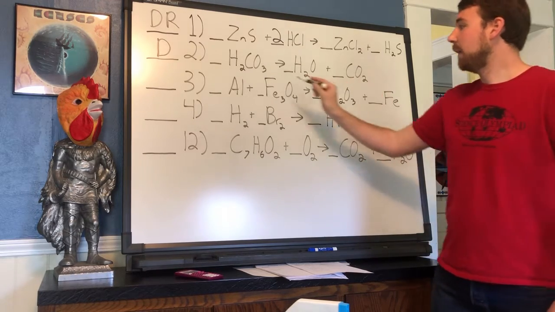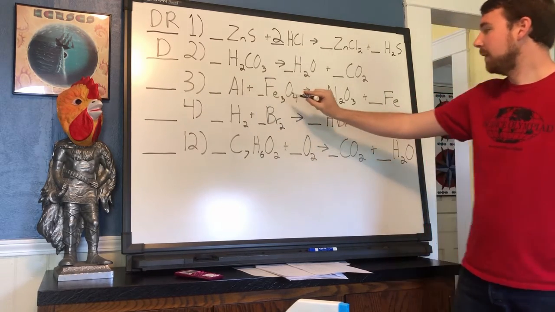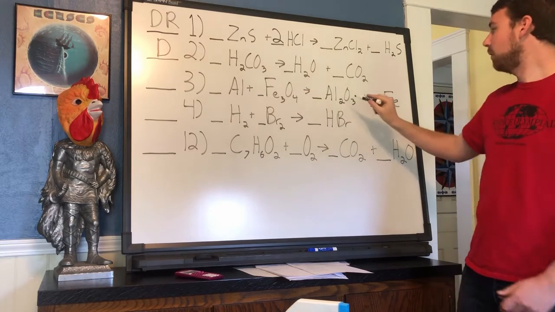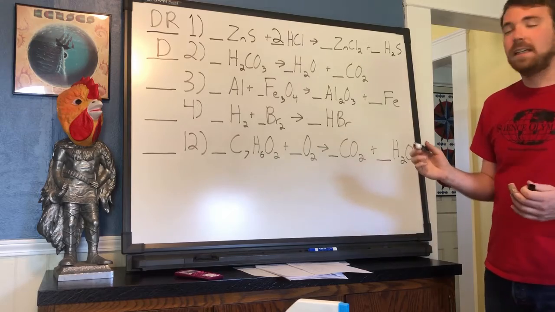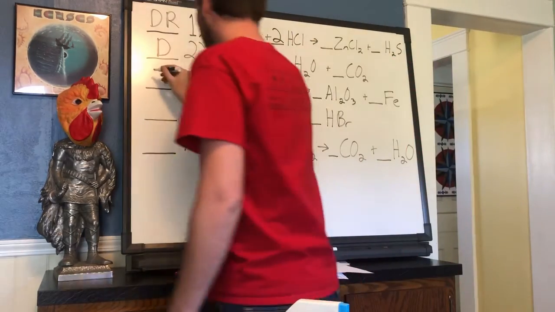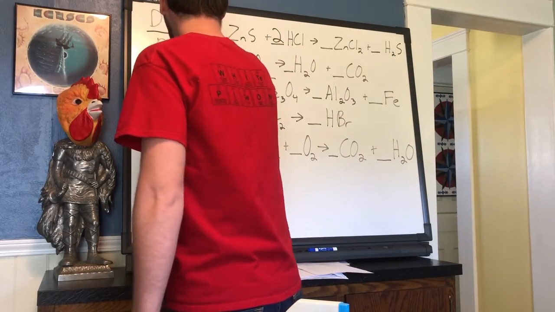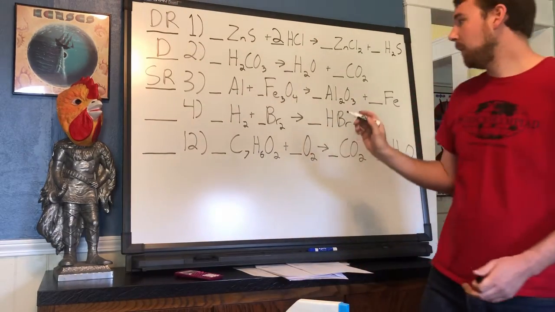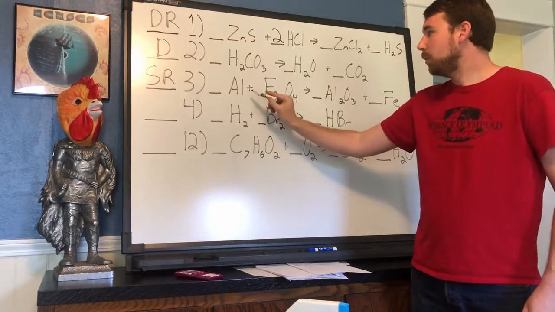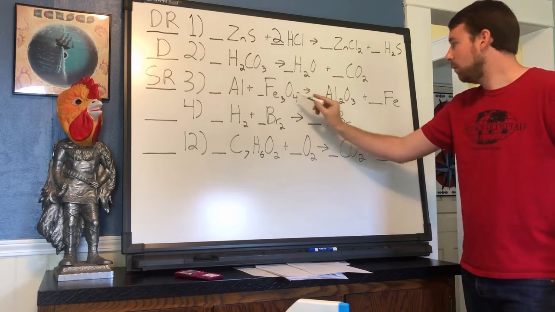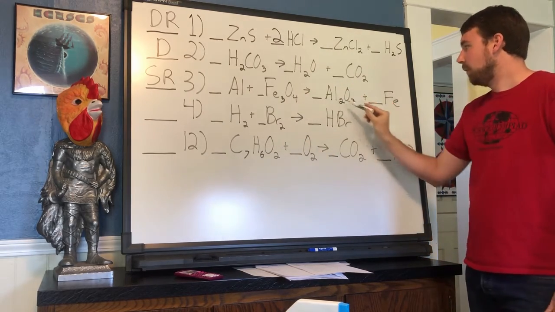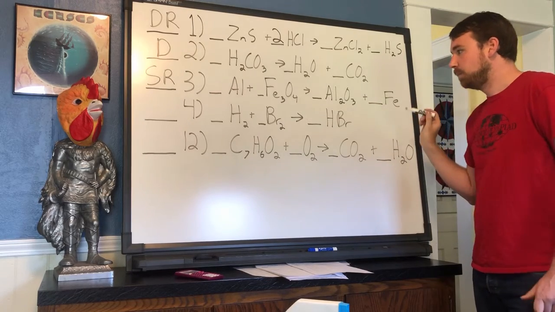Next, we have a reaction where we have aluminum reacting with iron oxide to make aluminum oxide and iron. This is an example of a single replacement. This is a single replacement because we have a metal, aluminum, which is more reactive than iron, which is going to kick iron out, and we are going to end up with aluminum oxide and iron.